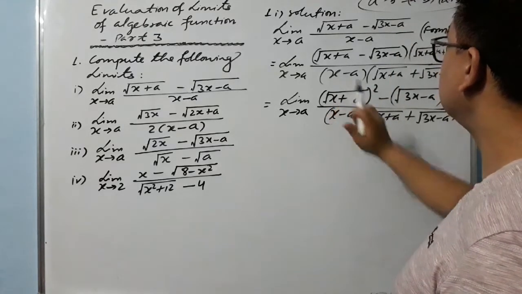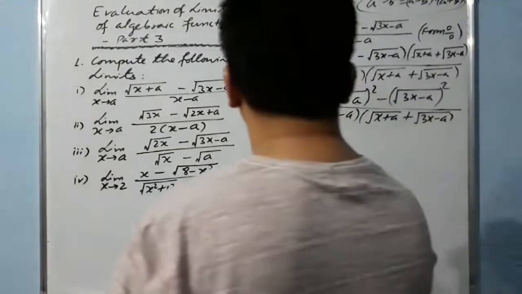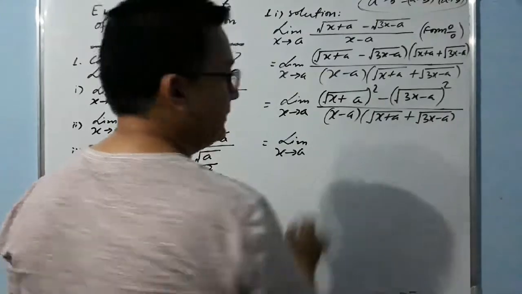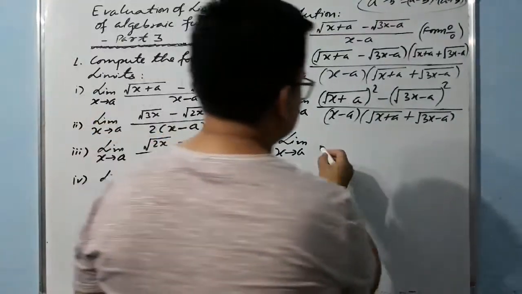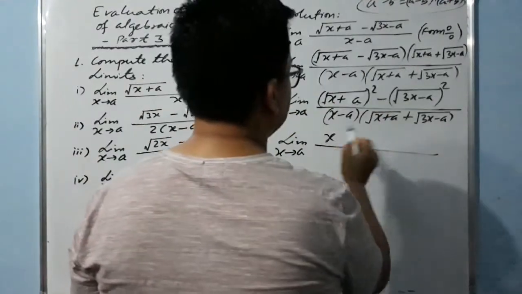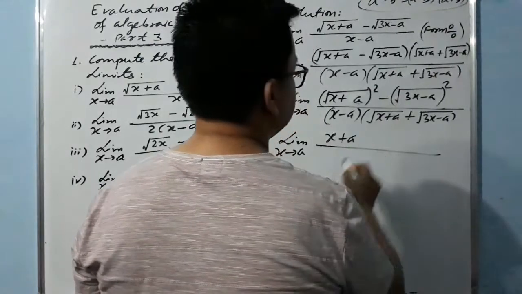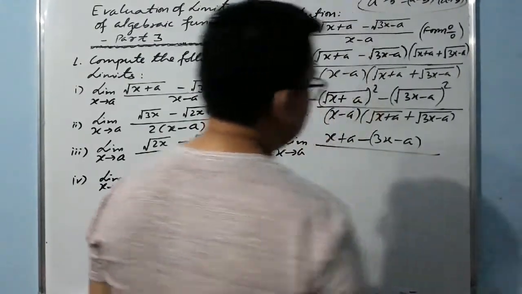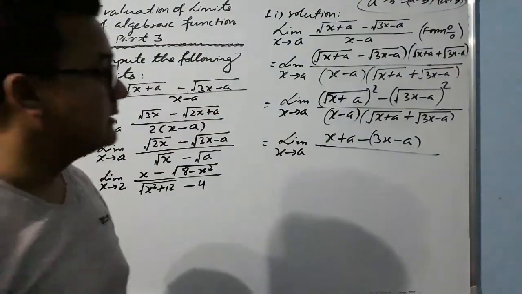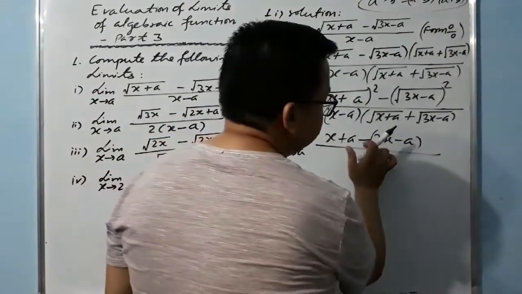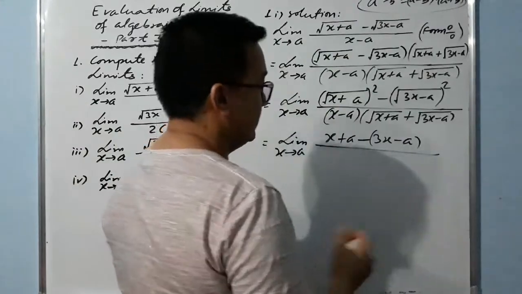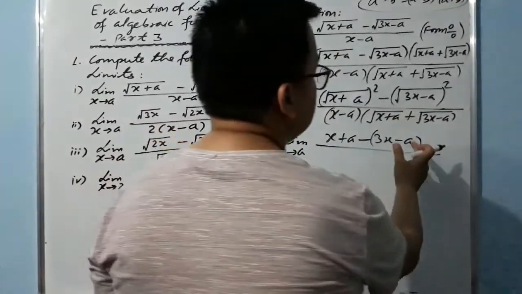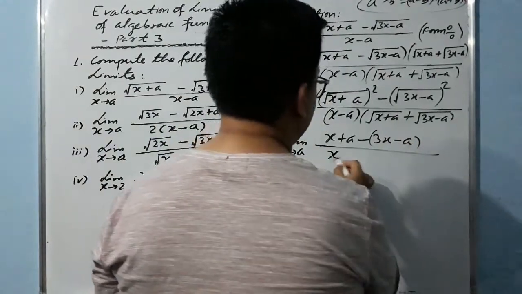Sorry, this is only just x plus a. Limit as x tends to a of x plus a minus, in brackets, 3x minus a. Why have I written the bracket? Because here is a negative sign, and whenever we open the bracket, the sign will change. Otherwise you can write directly plus here.